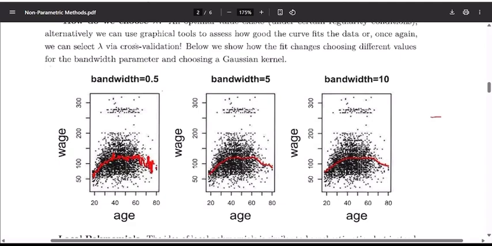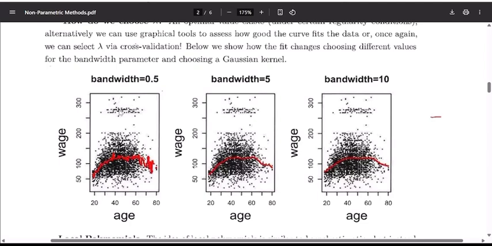You know what I've done? When lambda is 0.5, that is a small value of lambda. Don't forget the bandwidth lambda tells us how much the neighboring data influence the estimate. If I use lambda to be 0.5, I have an observation here.